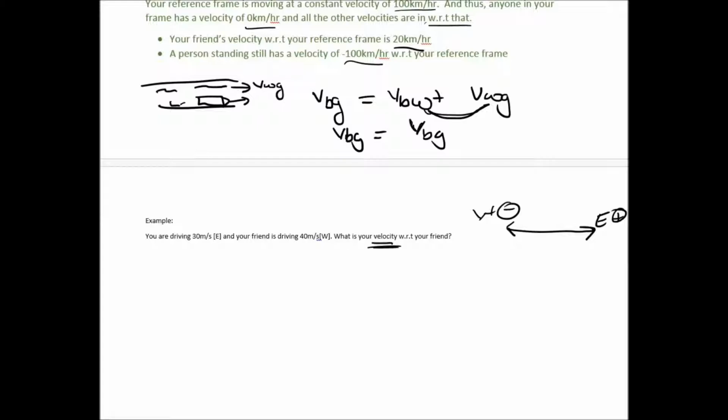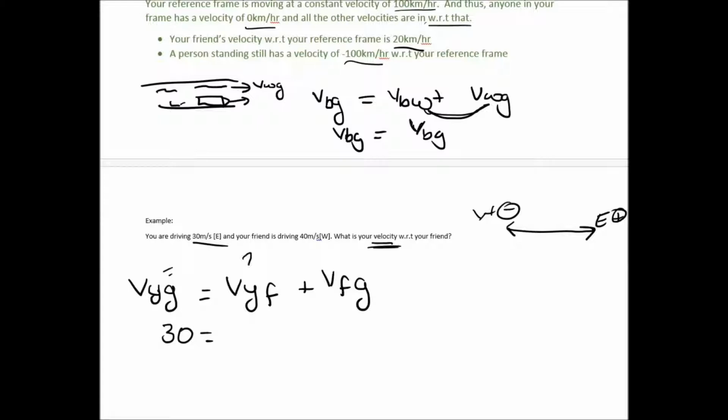So on the right side we have W, your velocity with respect to the ground, equals your velocity with respect to your friend, let's just say F is your friend, plus your friend's velocity with respect to the ground. We know your velocity with respect to the ground is 30 meters per second east.